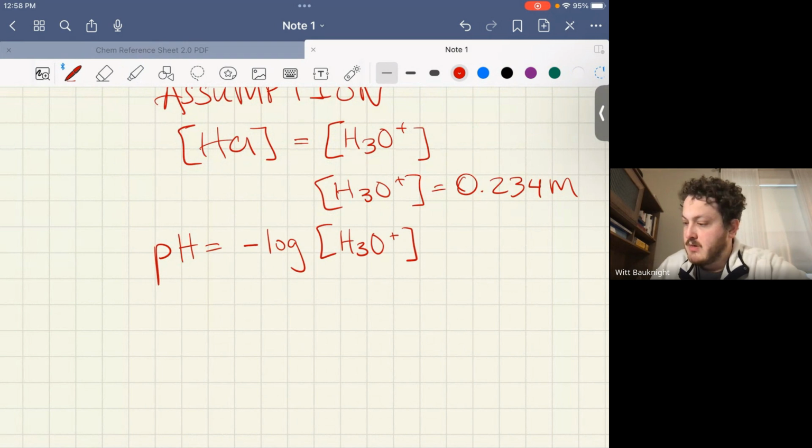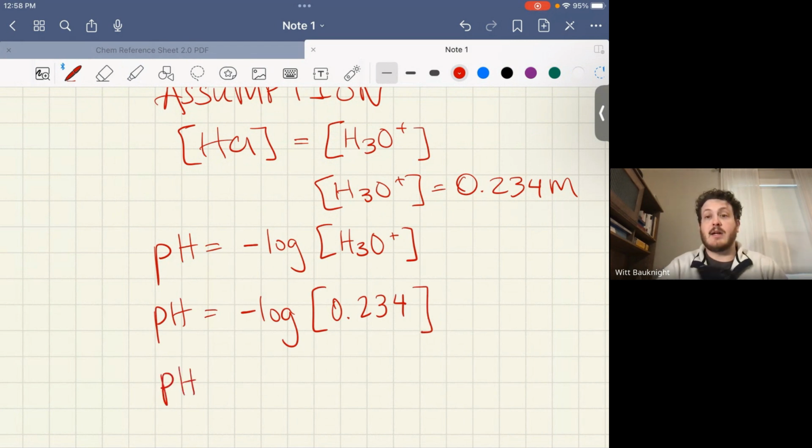So pH is equal to negative log of 0.234. And then you plug that into your calculator, putting negative log base 10.